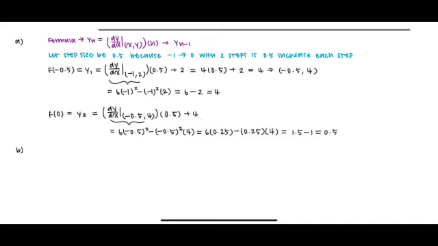Then we multiply that by 0.5, which is our step size. Then we add y sub 1, because that is the y value of the point before the step we are approximating for. Doing this, we get an answer of 4.25, which is our y sub 2 value, and also our approximation for f of 0.